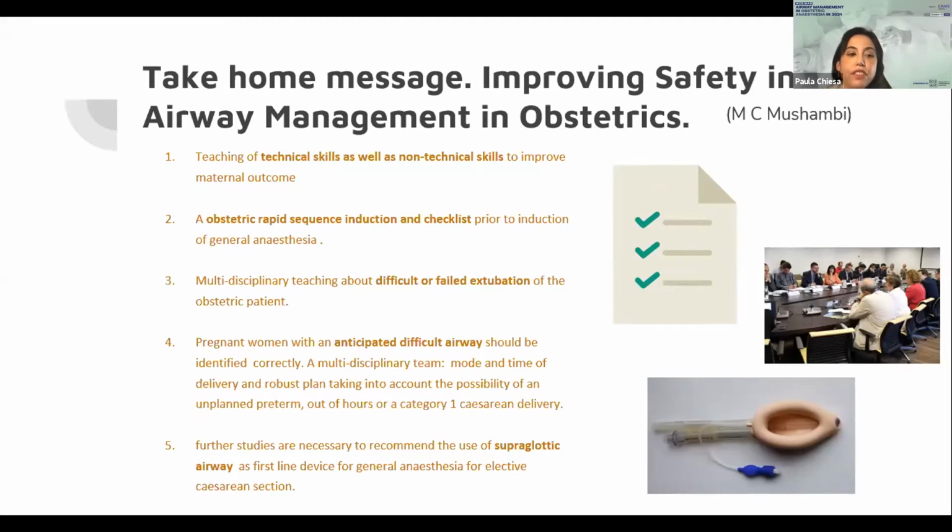At present, further studies are required before the use of supraglottic airway devices can be recommended as first-line airway device for general anesthesia in an elective cesarean section.